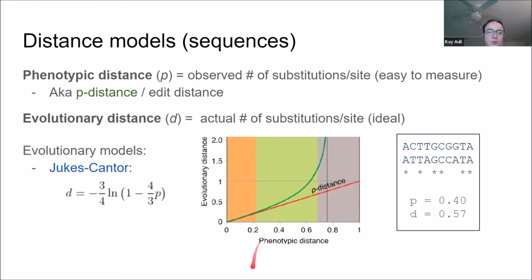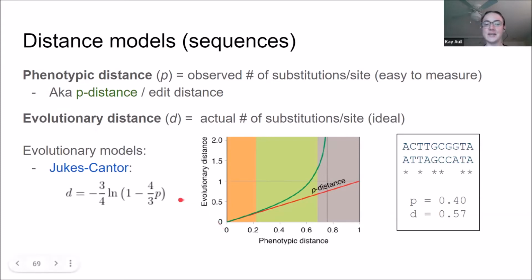So if you have a short distance, any differences between the sequences are likely to be a one-for-one thing. Each difference that you see represents a single mutation. And so the number of mutations is linear with the amount of time since these things had a common ancestor.